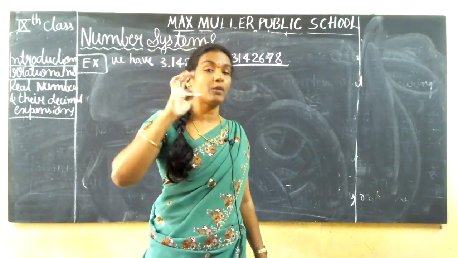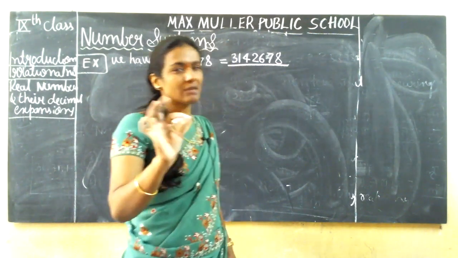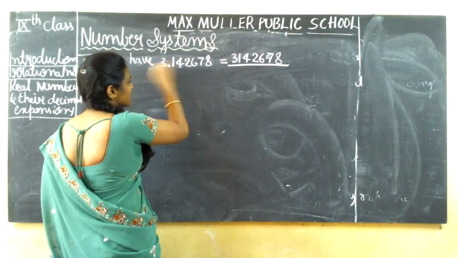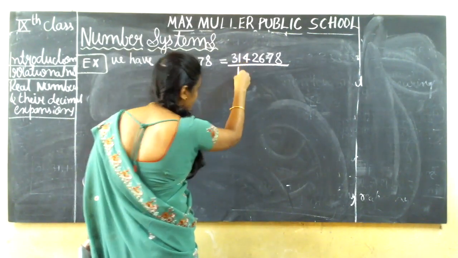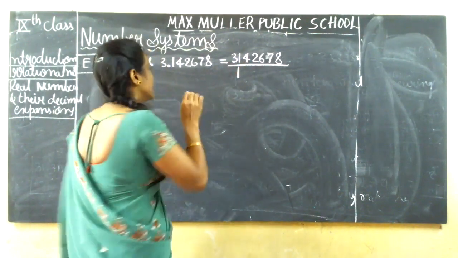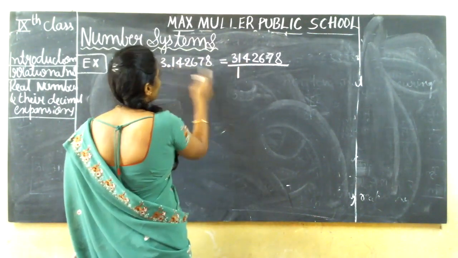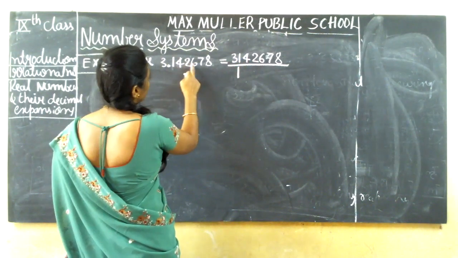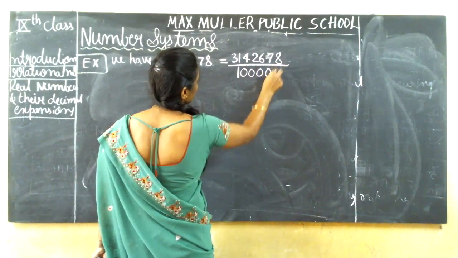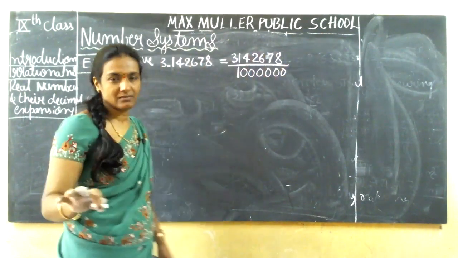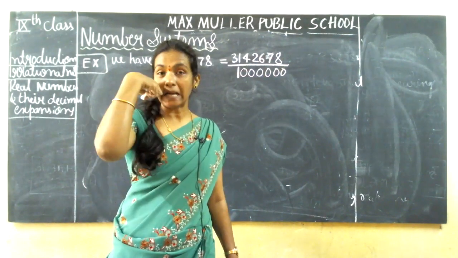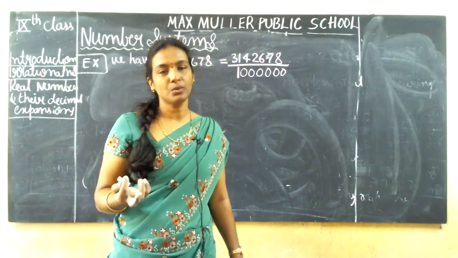So I will give you a small trick. Wherever you have the decimal point, you take that as a 1. The remaining numbers after it, count them: 1, 2, 3, 4, 5, 6. So you write 1 followed by six zeros. Done. This is how you can write them in the form of P by Q.